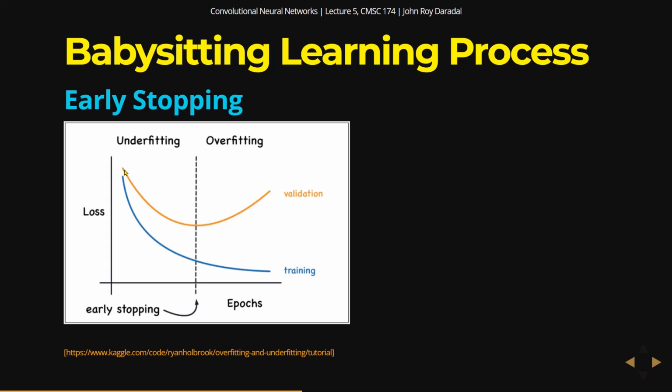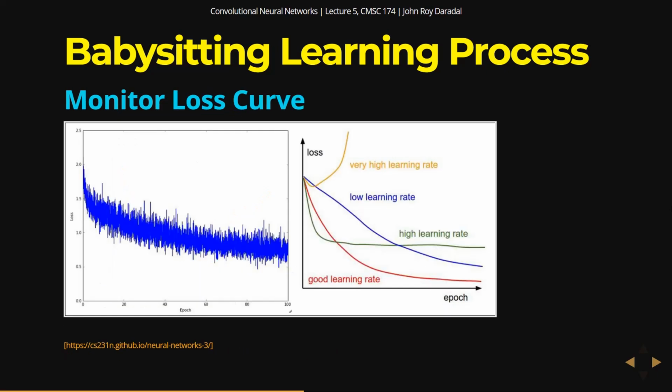The validation curve will also start going downwards, but at some point it will start to go upwards. Meaning you should have stopped here, because this is already the best model possible. If you train more, you're already overfitting, because the validation loss is starting to go up, meaning you're memorizing the training set without generalizing to unseen data. So you can stop early based on the loss curves.